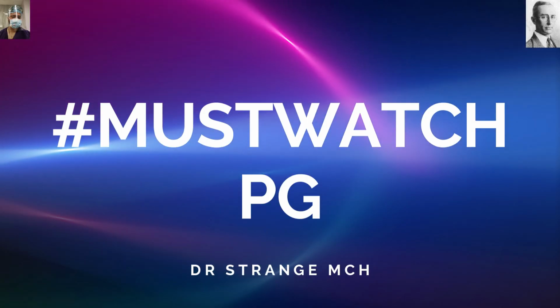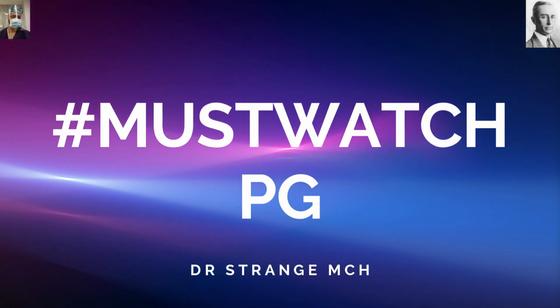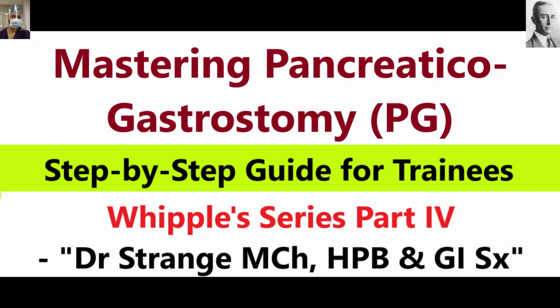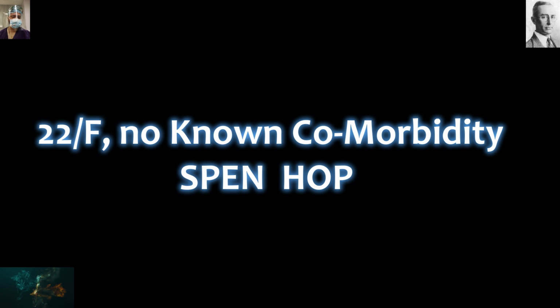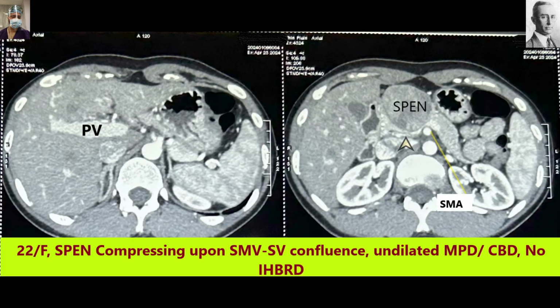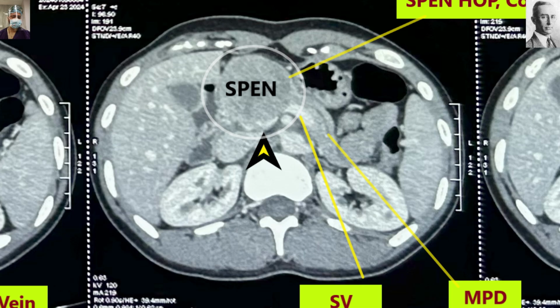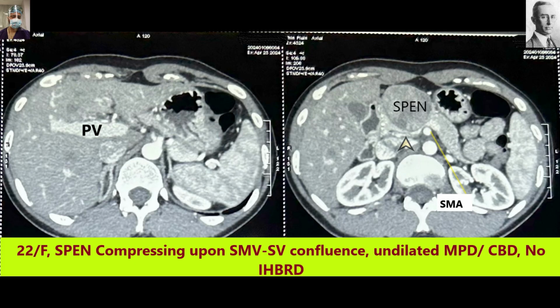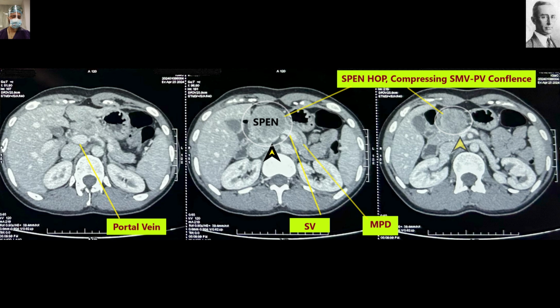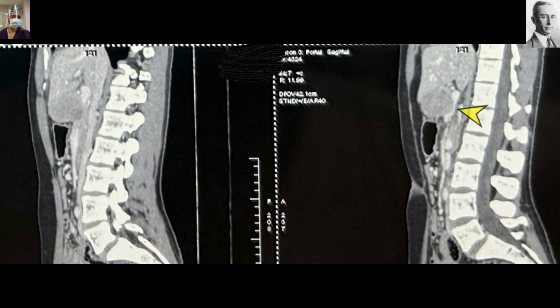So friends, as a prequel, all of you can watch our series or a video on the Pancreatico-Gastrostomy so that you have a gradual and better build-up of the knowledge, and you will understand the basic difference in the PG and PJ, which we have discussed in quite a lengthy detail in this video in a 22-year-old lady with a span of head of pancreas with undilated system, and the CBD was of around 2 to 3 mm.